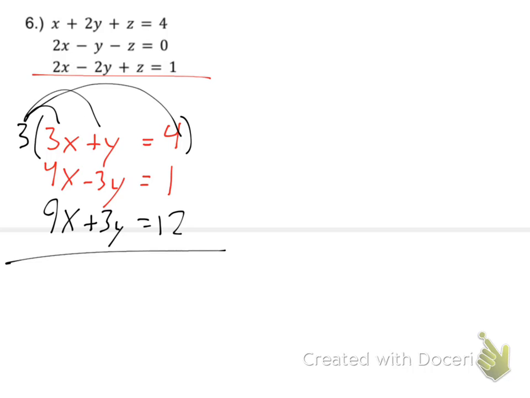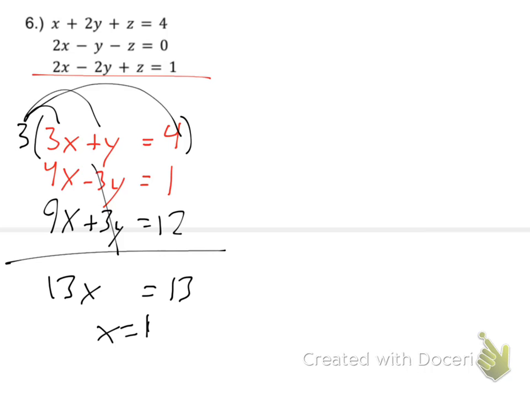What happens to the y's? Gone. 13x equals 13, x equals 1. Does everybody get 1 for x?